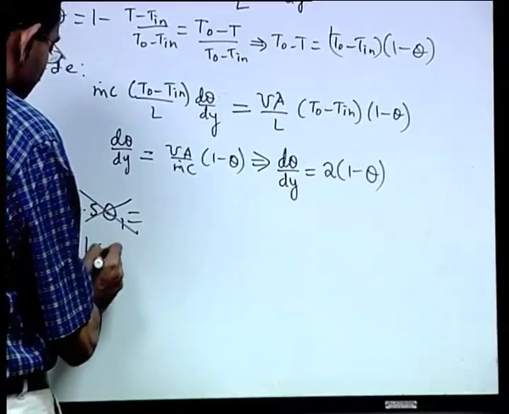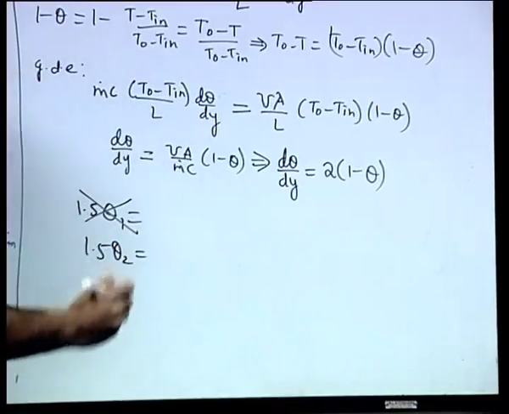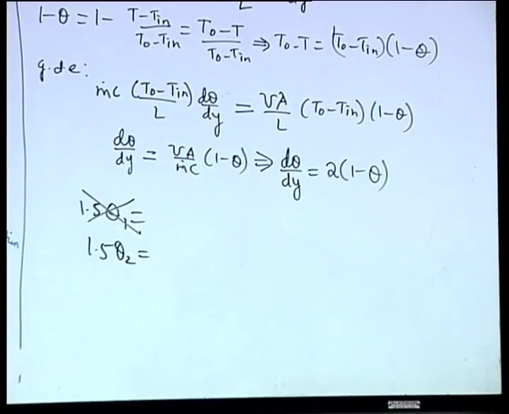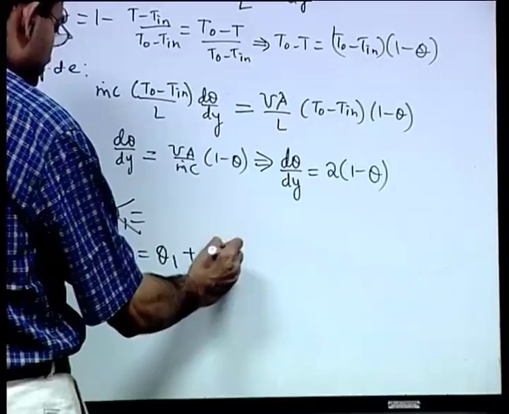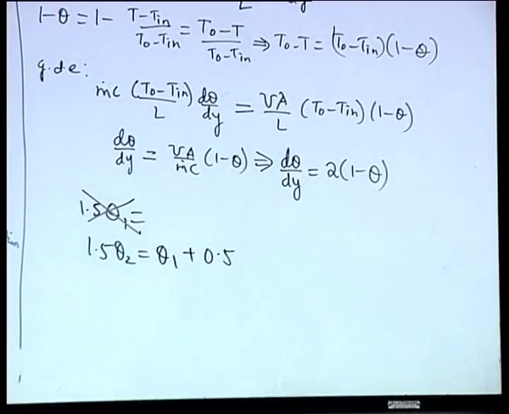So 1.5 theta 2 is equal to, AW is 1, that is equal to theta 1 plus 0.5, right.